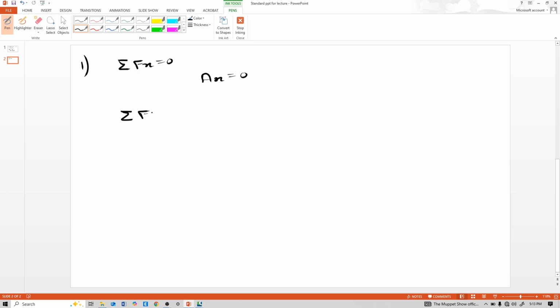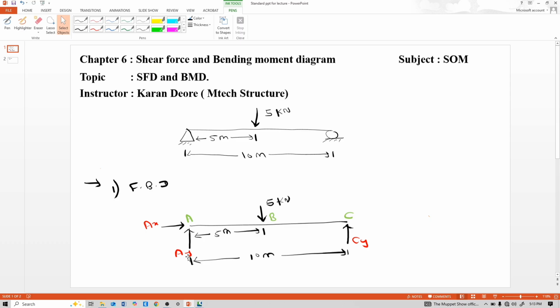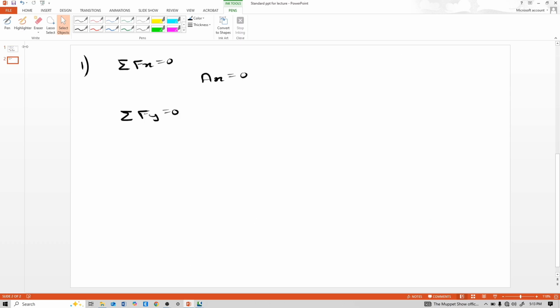summation of forces in y direction is equal to 0. Upward forces are positive, downward forces are negative. Here, right hand side forces are positive and left side forces are negative.